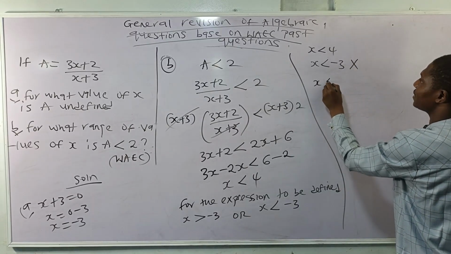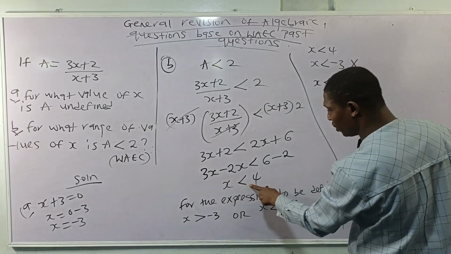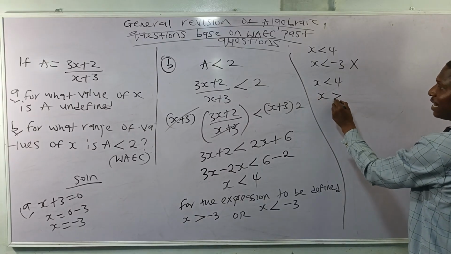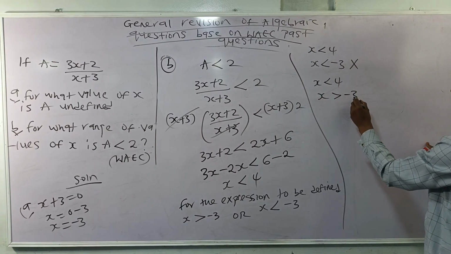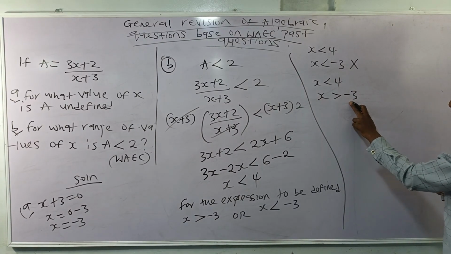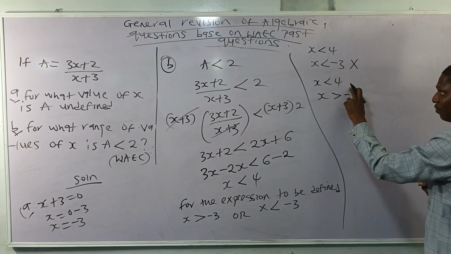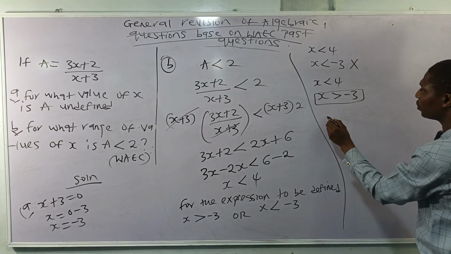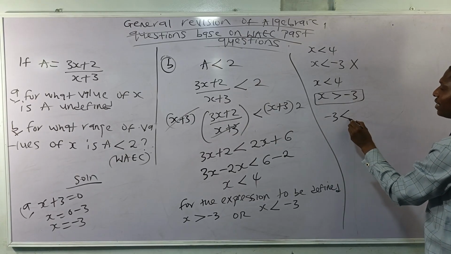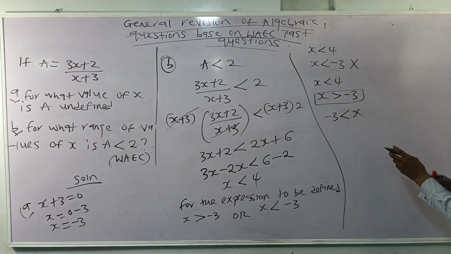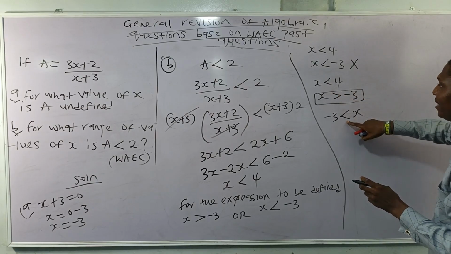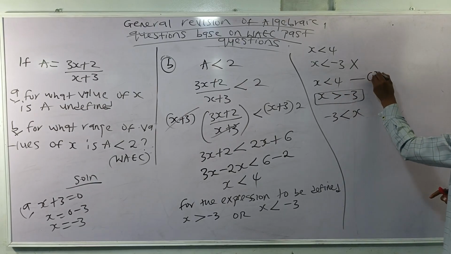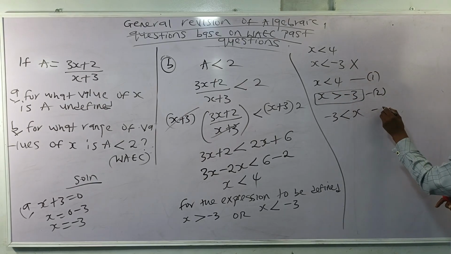But if we use x is less than 4, which is this we've already gotten, and x is greater than minus 3, since this 4 is greater than minus 3, we can therefore write this to give us minus 3 to be less than x. And you see that the two inequality signs are now pointing in the same direction. So we can take this as equation 1, this as 2, and this as 3.